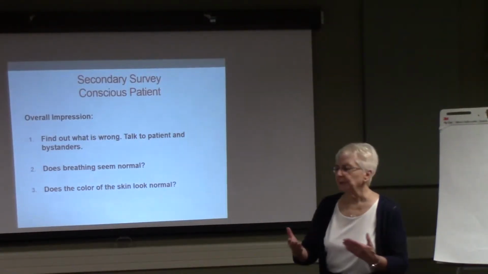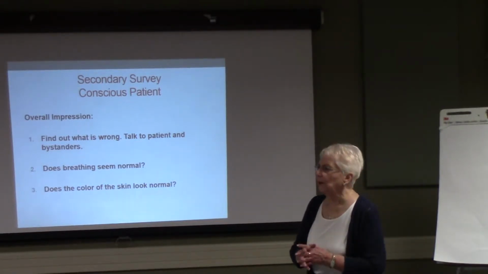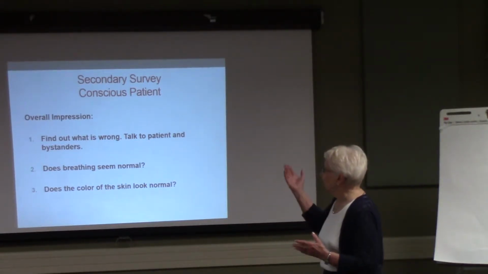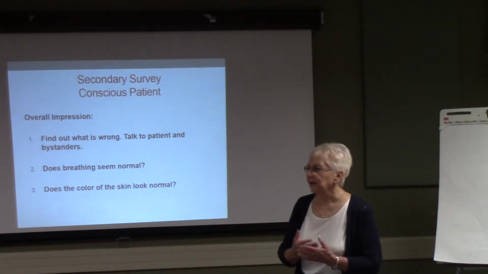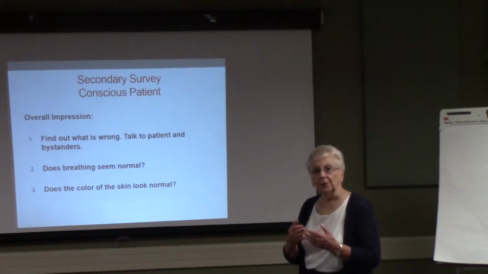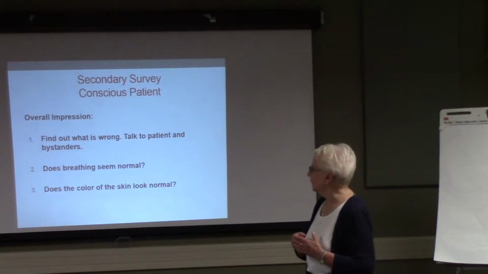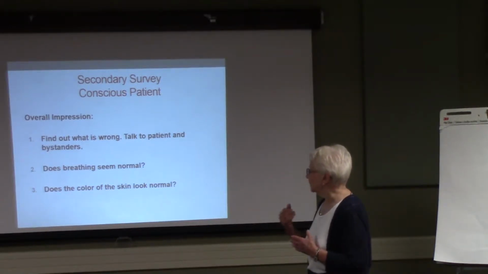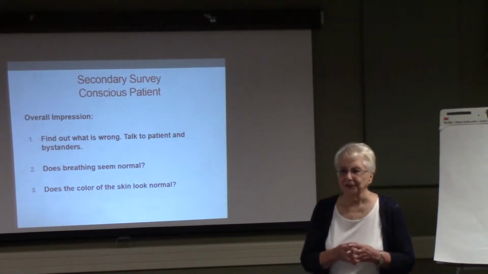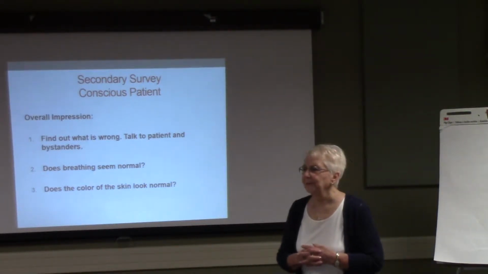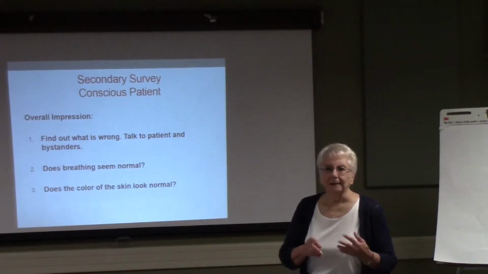So if we check this person and we feel like they've got a pulse and they're breathing, then we can go on to what else is wrong. If they're conscious, you can ask them what happened. And they'll tell you if they're coherent and not confused, like they've hit their head or something. Ask the bystanders, does their breathing seem normal? Look at their color. Color changes. It's really unusual, the different colors people can turn.